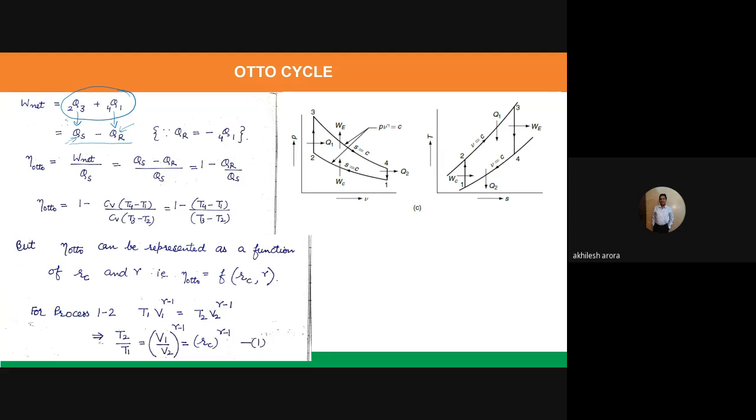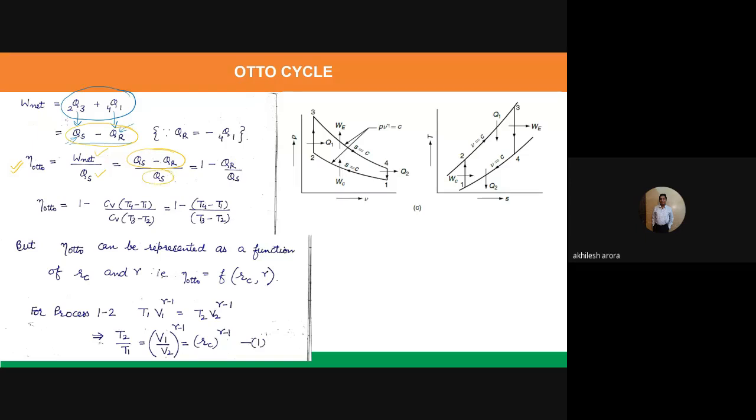The next step is to calculate the efficiency of the Otto cycle. As you know, the Otto cycle is also a heat engine, and in case of a heat engine, the efficiency is given by work output, which is W net in this case, divided by the heat supplied, which is QS. W net we have calculated as QS minus QR, divided by QS.